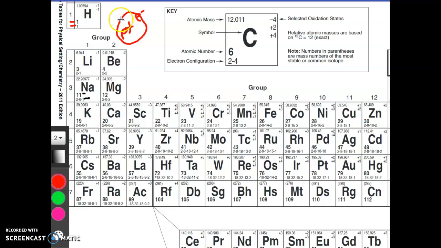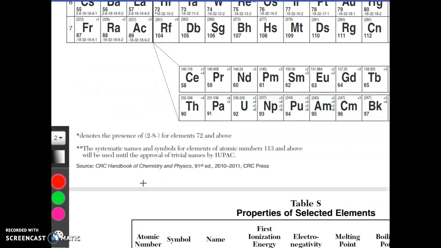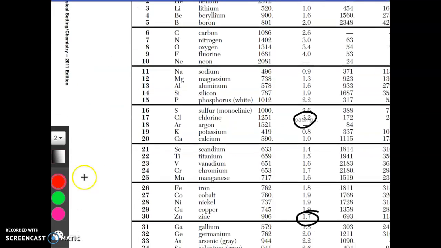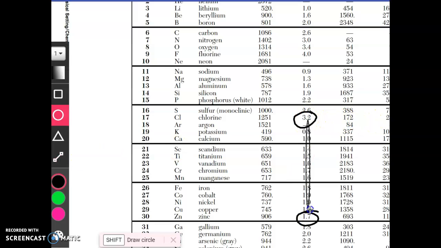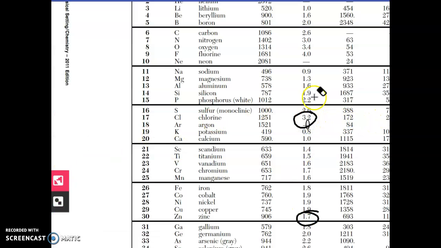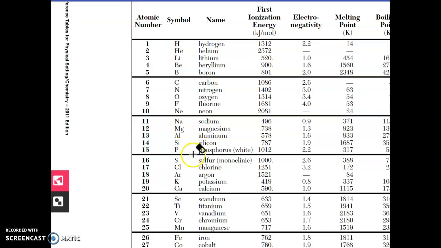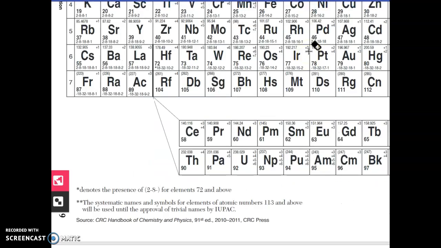Now, when hydrogen bonds with fluorine or chlorine, like in the example of HCl, chlorine is more electronegative. If you look at chlorine on your reference table, it has an electronegativity of 3.2, while hydrogen only has an electronegativity of 2.2.